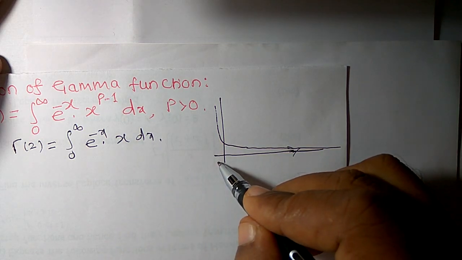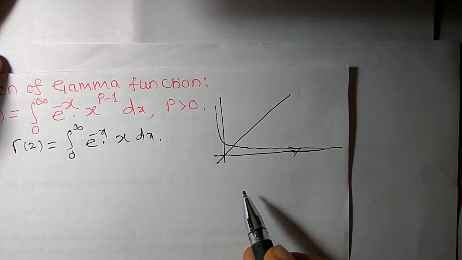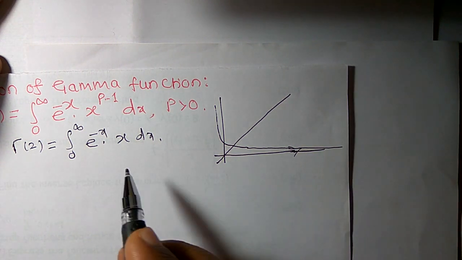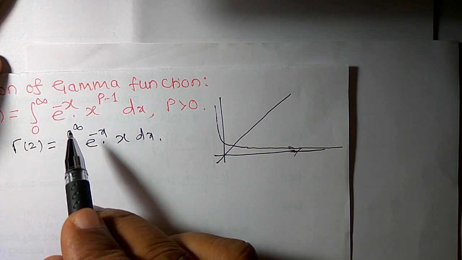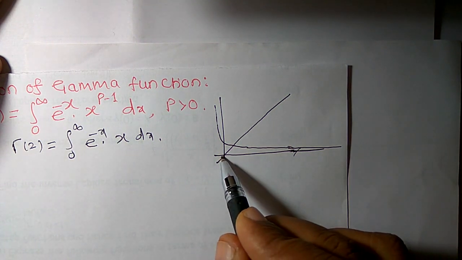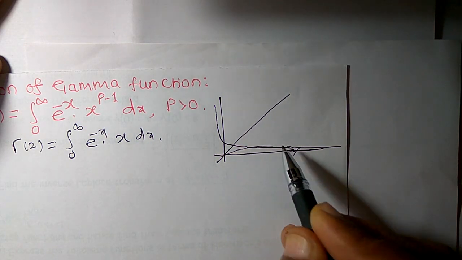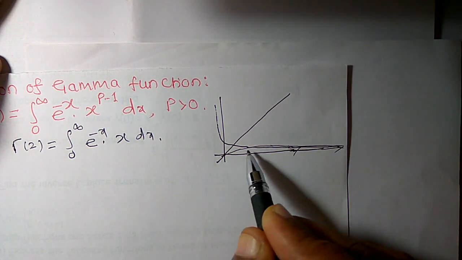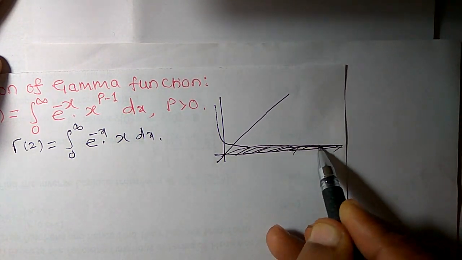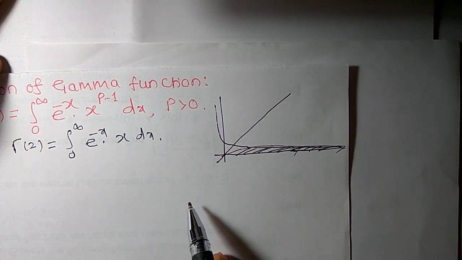And another function is y is equal to x. You will get a straight line. So area under the curve between the limits 0 to infinity, it means you will get an area like this along with the x-axis. So this is the required area when we are going to evaluate this integral, right?